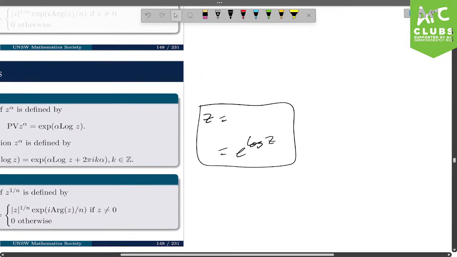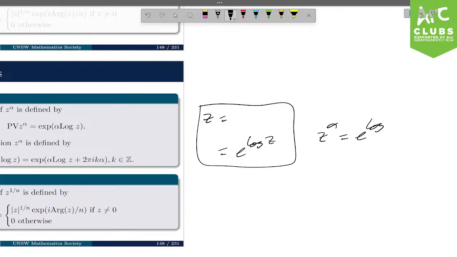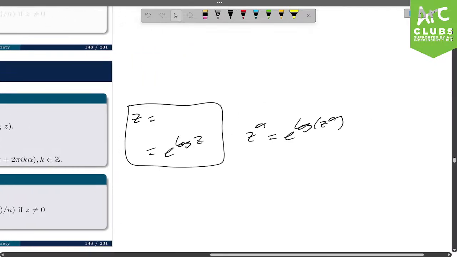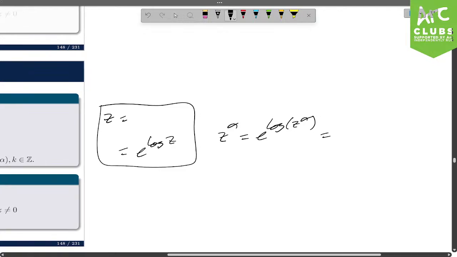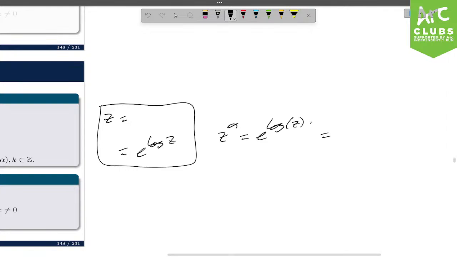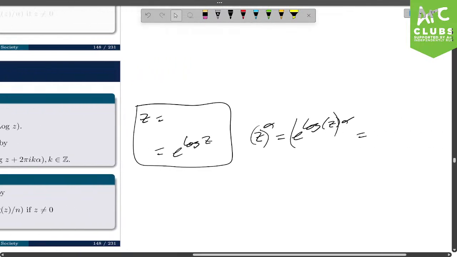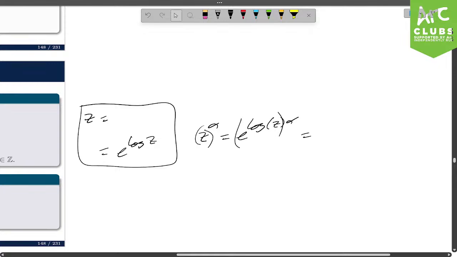then we have z to the alpha equals e to the log z alpha, which is e to the log z times alpha, right, since this bit is our z, and therefore we can just really determine what the logarithm value is going to look like.